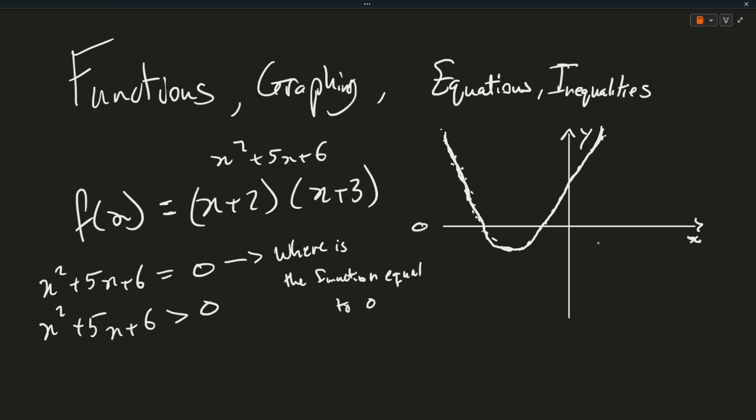So essentially, when we have an equation, we're asking, at what point does this curve cross 0? Here we can see there are two distinct roots, where this crosses 0. And since we had the factorized form before, we know that this is minus 3 and this is minus 2.